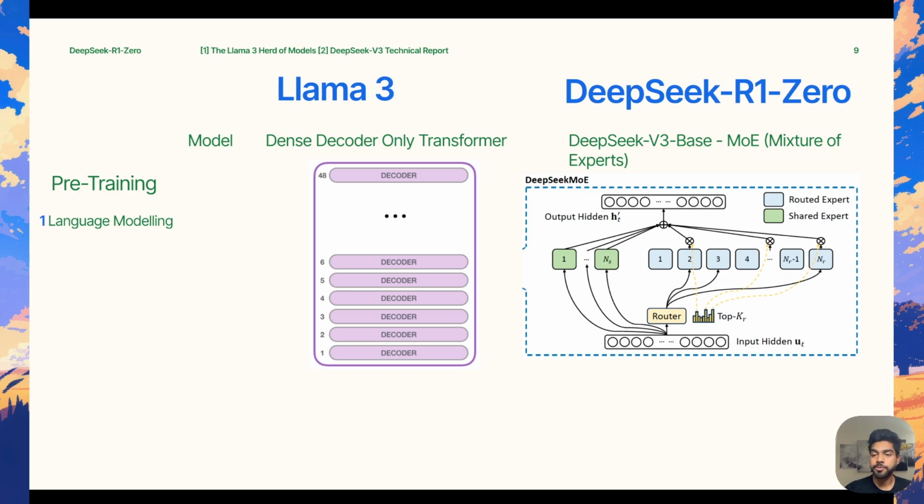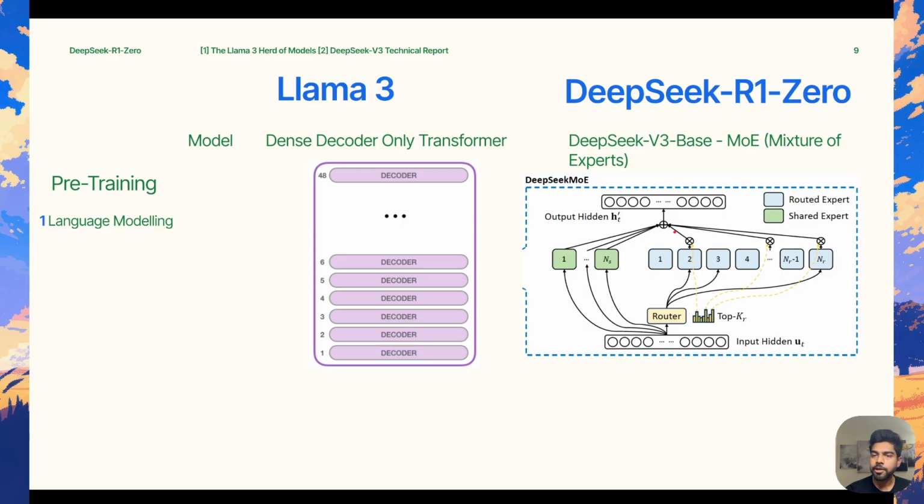In mixture of experts, you can think of it as multiple models which are experts in different categories, and a router is trained such that when you give a task about some category, only that expert is invoked for that category.